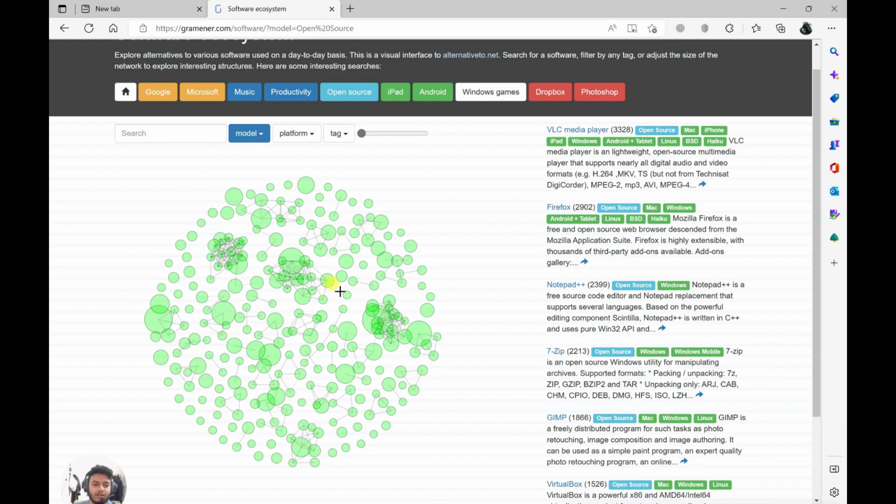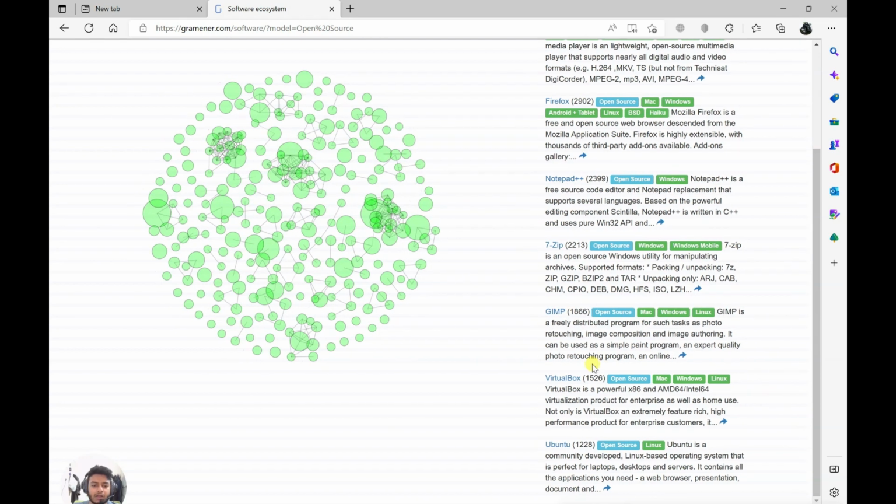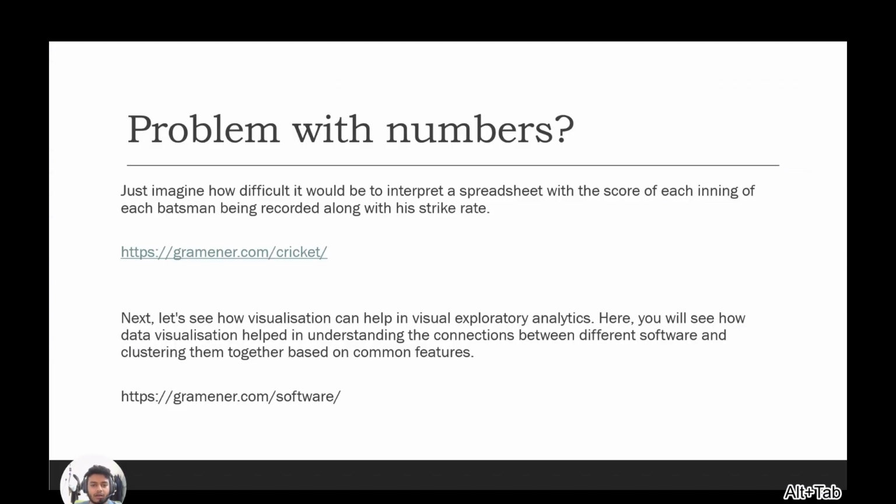This is a very understandable visualization of what a cluster looks like for a given software. We have VLC player and other very popular players in this cluster. They are open source and support Windows, Mac, Linux. This way it is easy for us to make sense out of data.